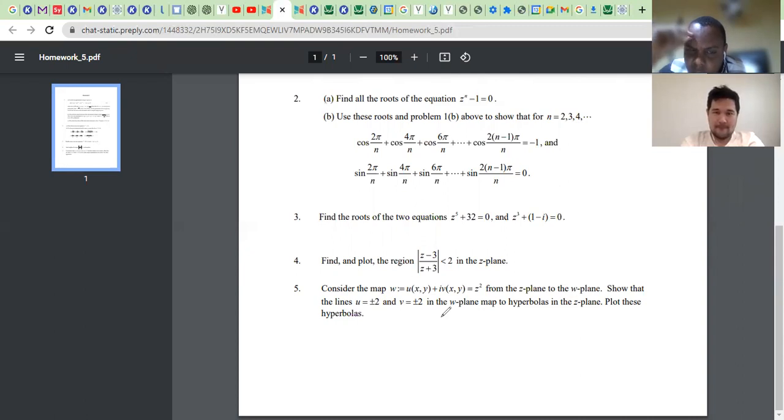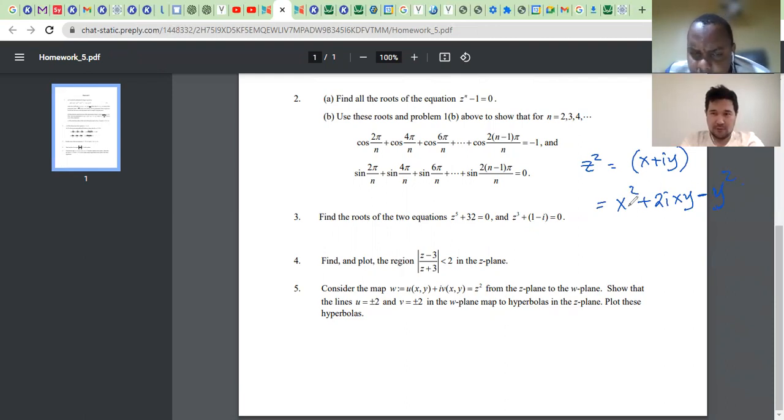So u is a function of x, y, and it's plus or minus 2, and then v is plus or minus 2. Okay, so z squared is actually (x + iy) squared, which is x squared plus 2ixy minus y squared.